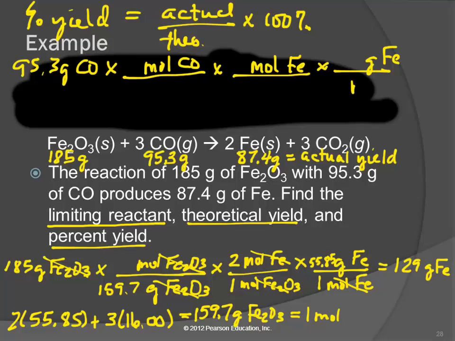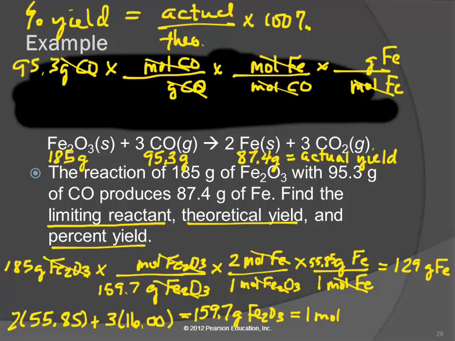And we put the previous unit in the bottom because we want them to cancel out. That's a capital O. We get all the units in first, then put the numbers in.